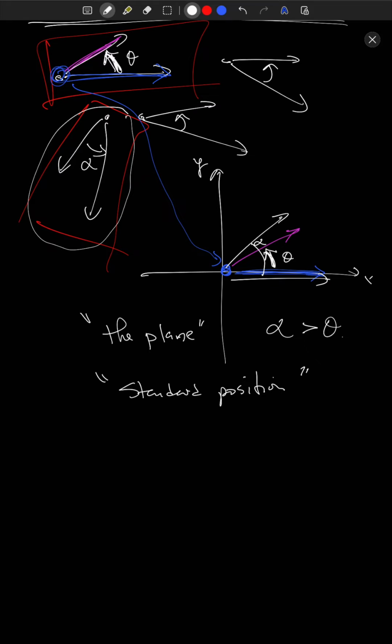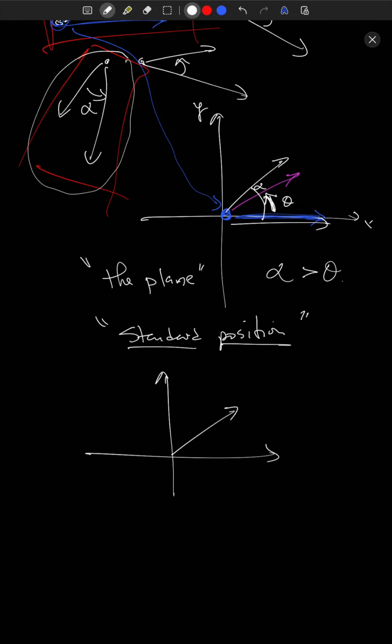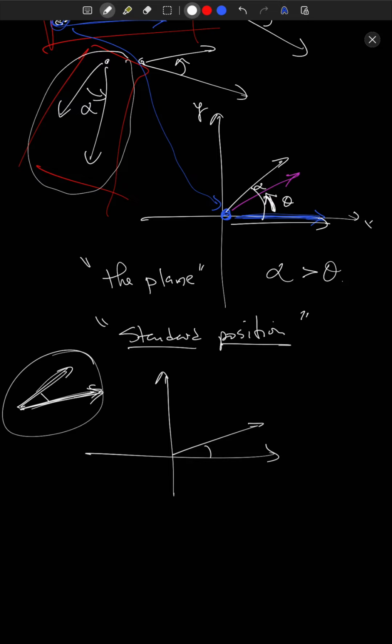Super important actually, because when we start computing things with angles, we're going to want them in standard position. If I draw an angle in standard position, I don't have to worry about where the rays are. If this is the same angle just drawn floating on the page, then I have to draw the initial side and a terminal side.